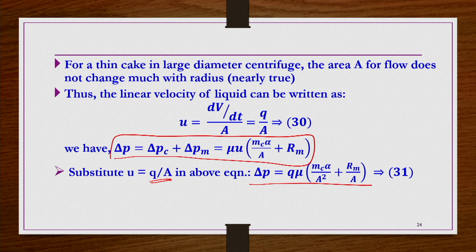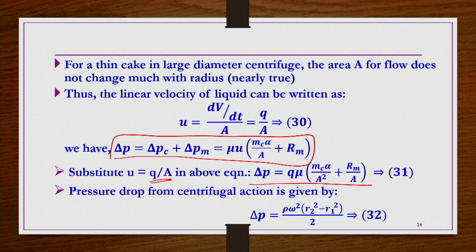But under the centrifugal force, what is the pressure drop here? The pressure drop is, as I mentioned, rho omega square R2 square minus R1 square by 2. This we are going to derive when we discuss the centrifugal separation process in a later part of the course.